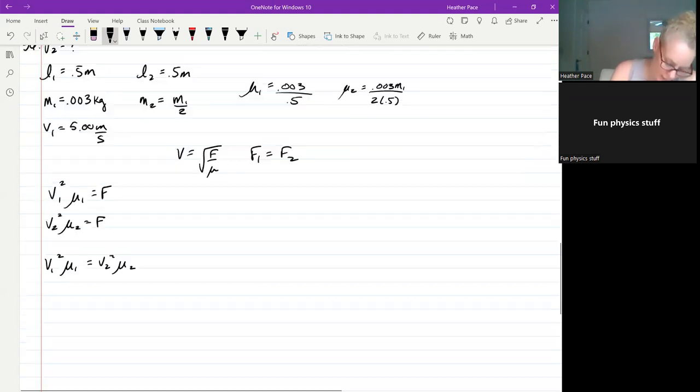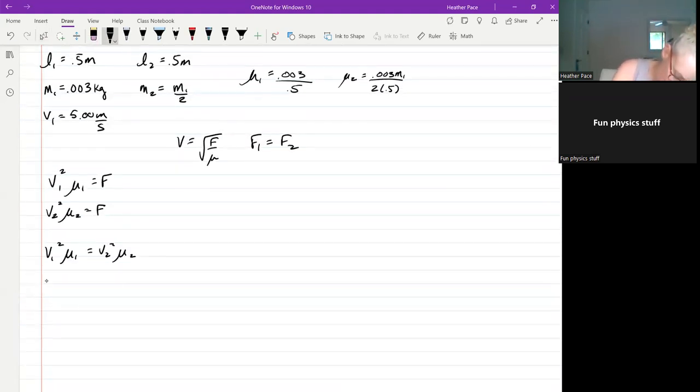And we are looking for V2. Okay, so V2 squared equals V1 squared mu1 all over mu2, square root.